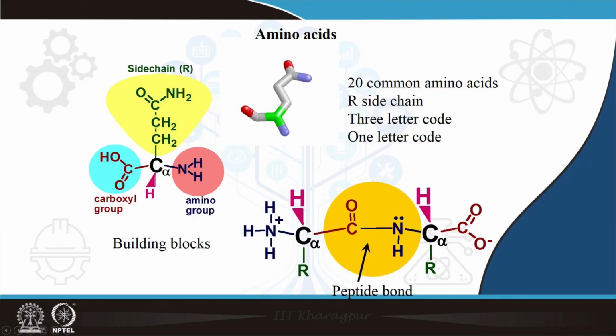Now, if you notice in this structure that we have here, that is called a stick structure, in the stick structure we do not see the hydrogens. The nitrogens are always marked in blue, the oxygen atoms are marked in red, the carbon atoms are marked in green, that is for the asymmetric carbon, and the others are marked in grey.